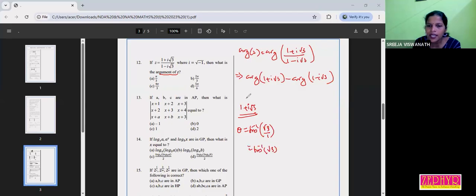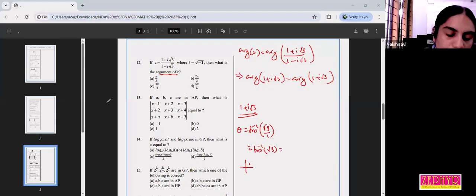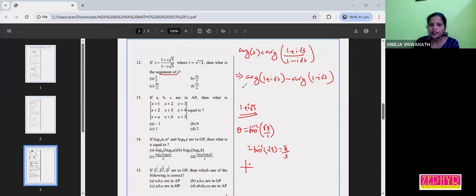Now listen carefully. 1 plus i root 3: the real part and imaginary part are positive, that is, it lies in the first quadrant. So we should take the angle as theta. So tan inverse root 3 is what? Pi by 3. So the argument of the first one is pi by 3.